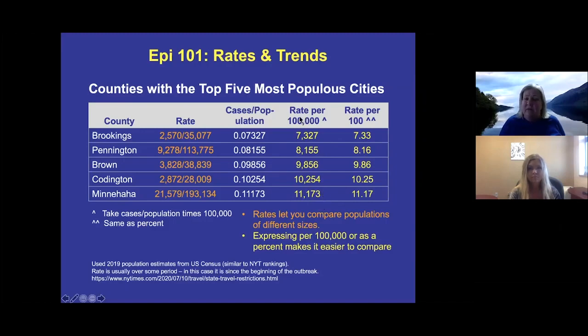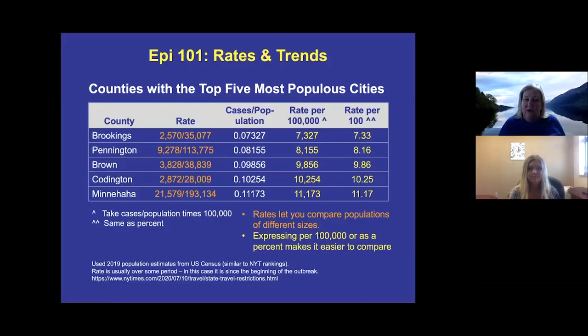Now, there's nothing magical about this 100,000. It can be anything. We can do it as a rate per 100. And so we just go over 2 here, and then we'd have these kinds of numbers. And this is the same as a percent, right? Some number out of 100 is a percent.